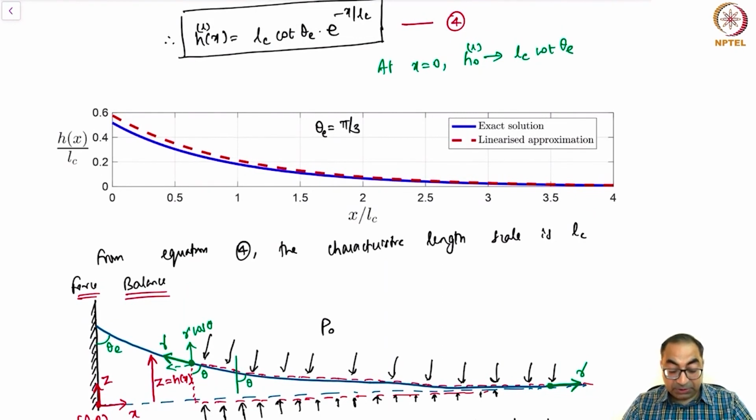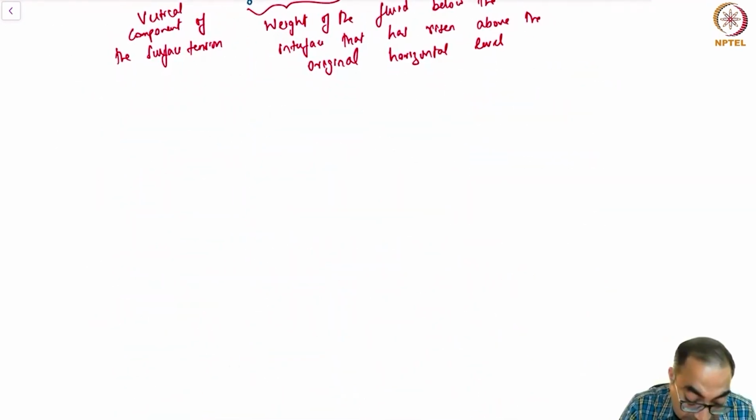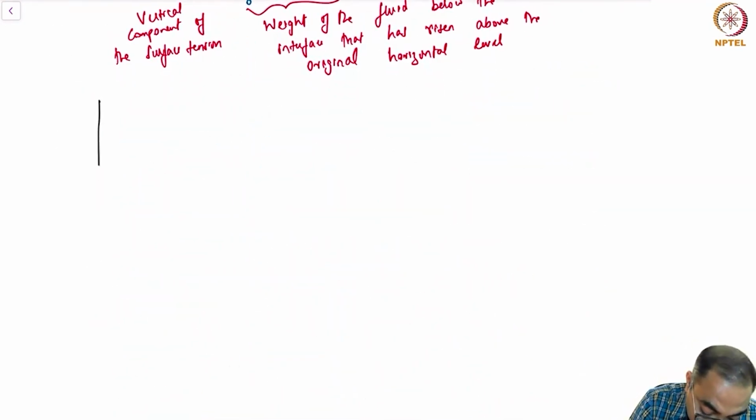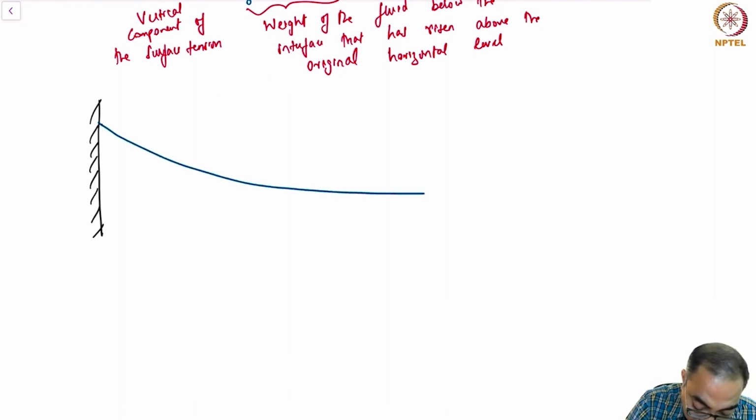It's also important to remember one thing, that this meniscus that we're talking about is actually very, very small. Just to appreciate the value, the characteristic length scale of the meniscus, the deformation of this meniscus, is only a few capillary lengths.